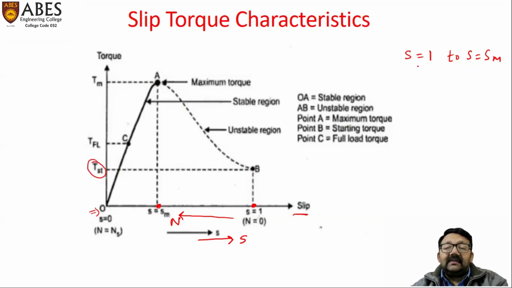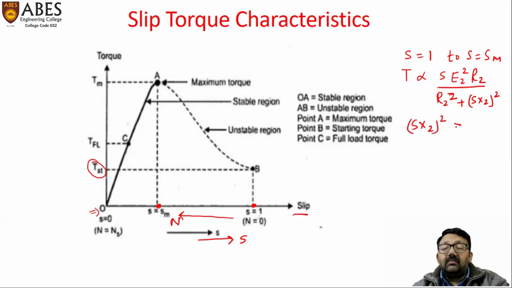So, in this high slip region, as the value of slip is close to 1, in torque expression, as we know, motor torque is proportional to S E2 square R2 divided by R2 square plus (S X2) whole square. So as long as motor slip is close to 1, in this denominator, the term (S X2) whole square is much larger than R2 square.